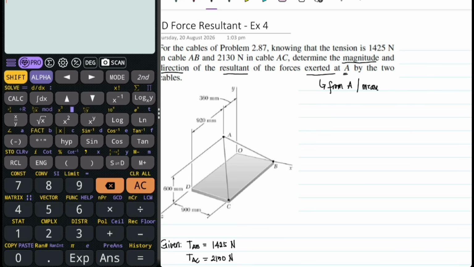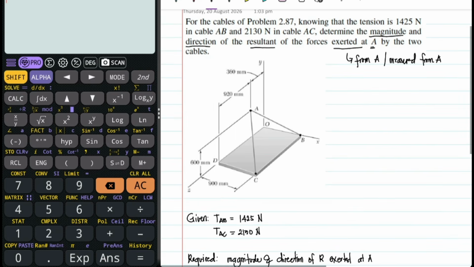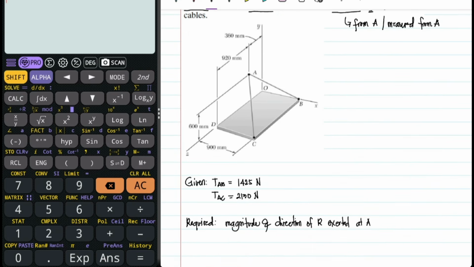What it means when you say exerted at A is that we are measuring our resultant from A. So the given are T_AB equal to 1425 newtons and the tension at AC is 2130 newtons.